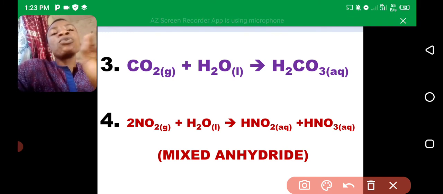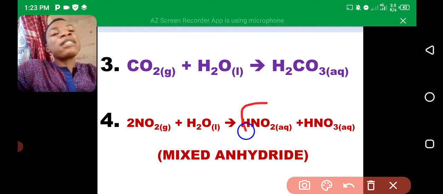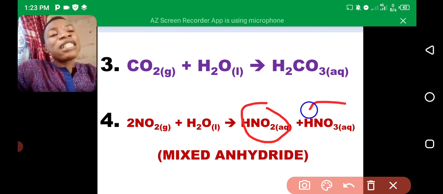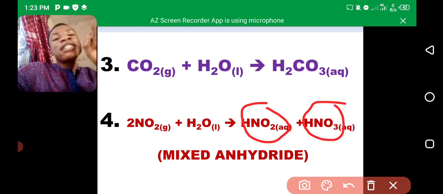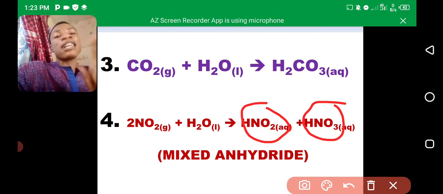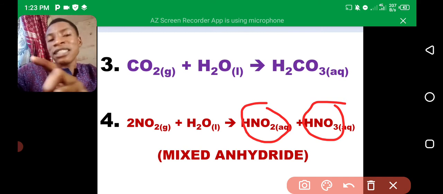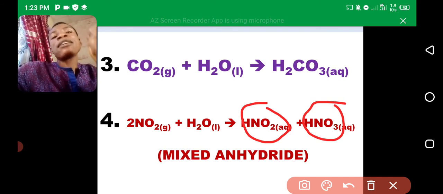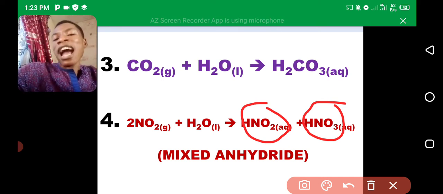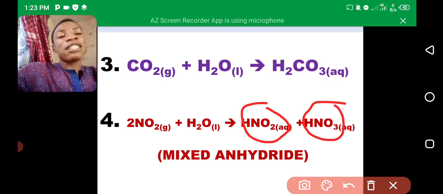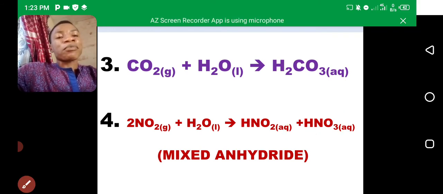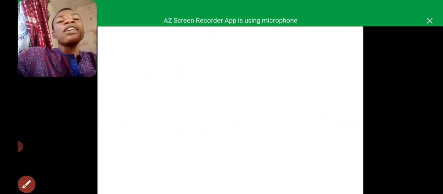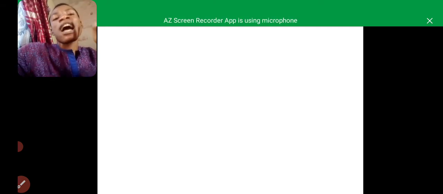When NO2 dissolves in water, it forms HNO2 plus HNO3, that is dioxonitrate 3 acid and trioxonitrate 5 acid. Two types of acids, a mixture of two acids when it dissolves in water. So that's why you call it a mixed anhydride. So that is how you produce acid, by dissolving the anhydride in water.